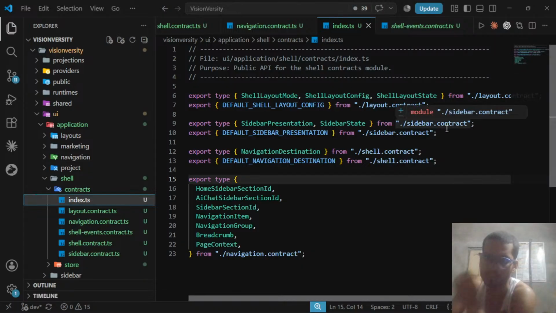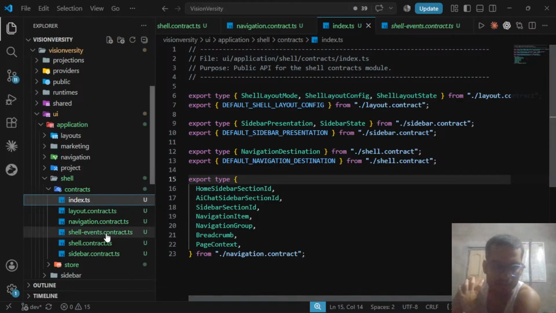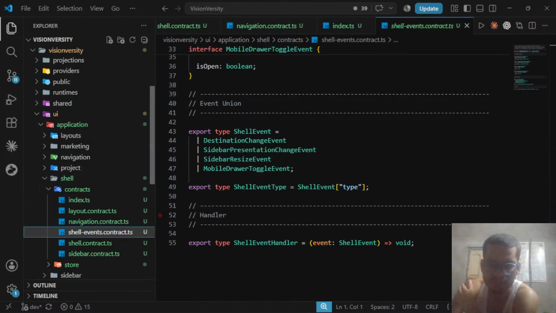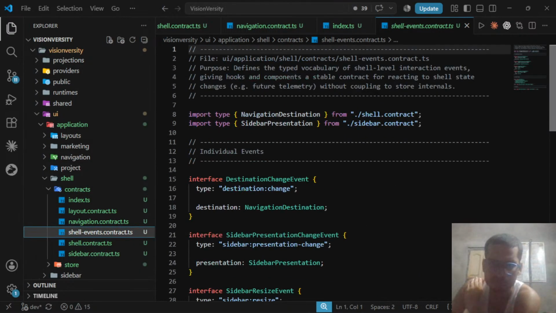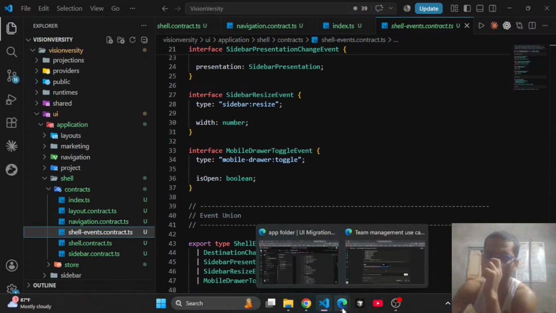Layout contract, sidebar, save contract, and also navigation. Okay, yeah.